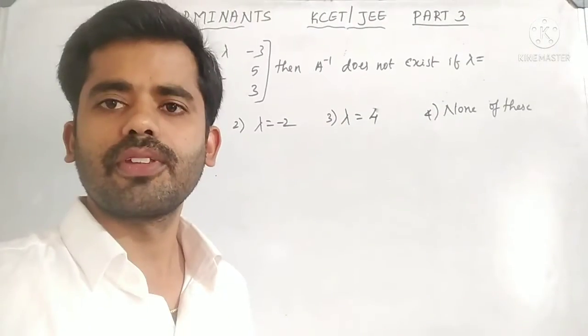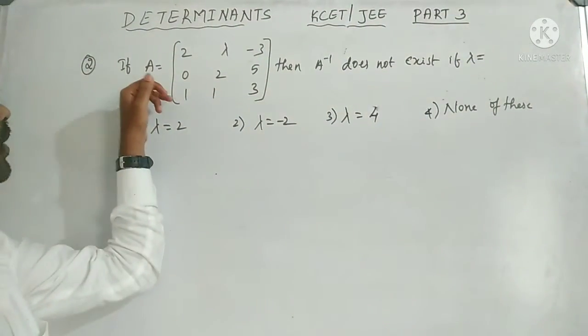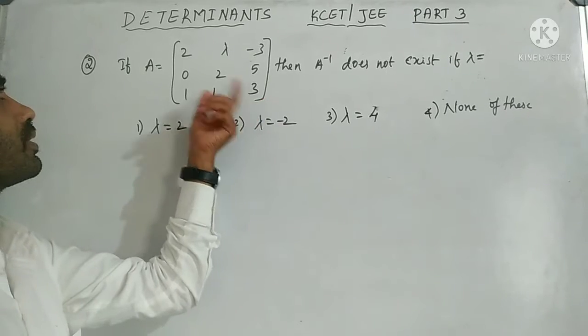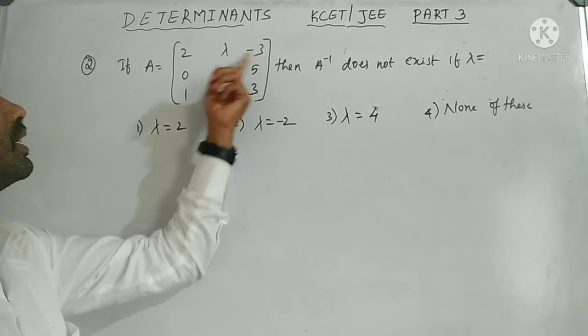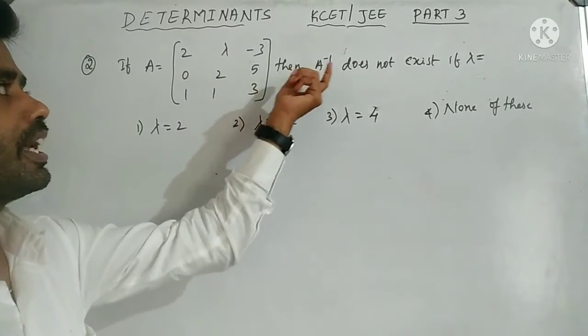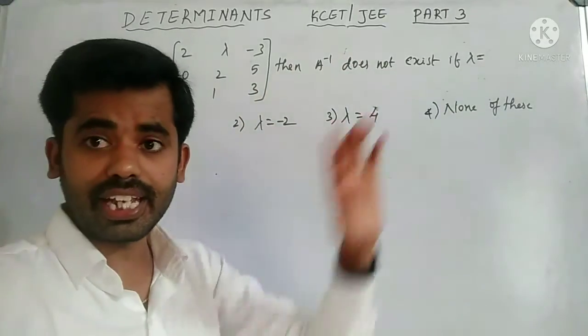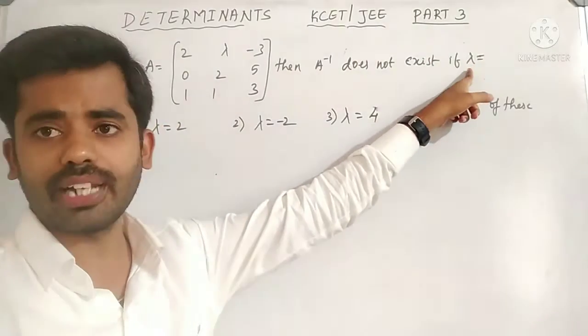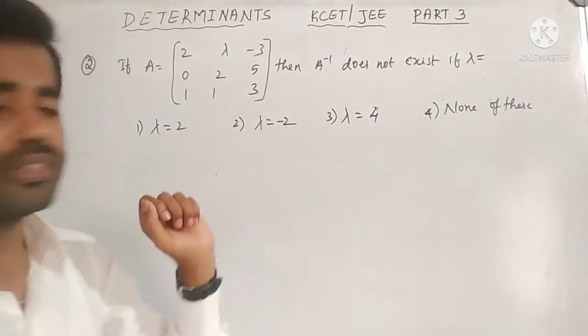Next question. If A is a 3 cross 3 matrix, 2, lambda, minus 3; 0, 2, 5; 1, 1, 3, and A inverse does not exist, find the value of lambda.